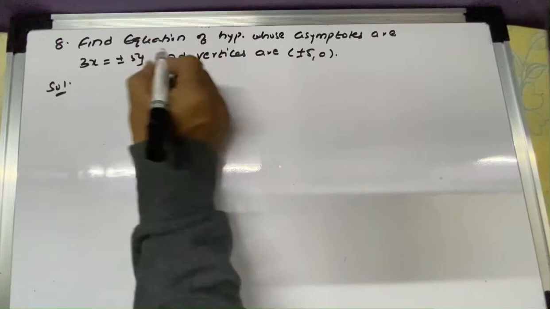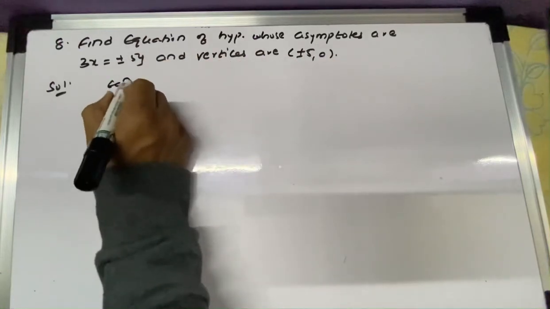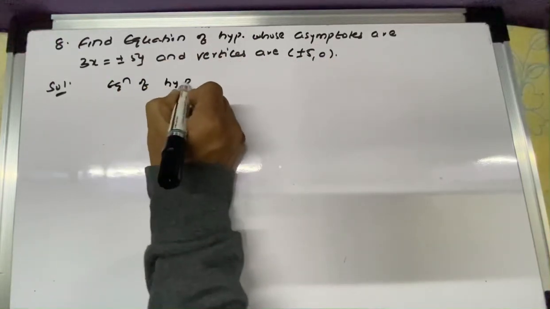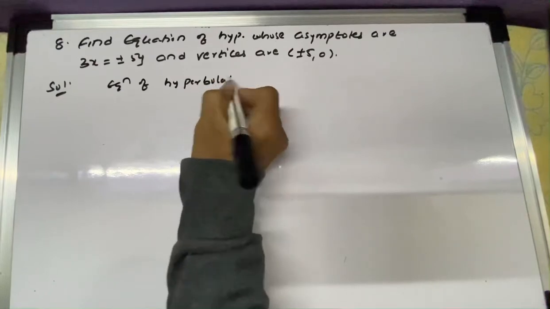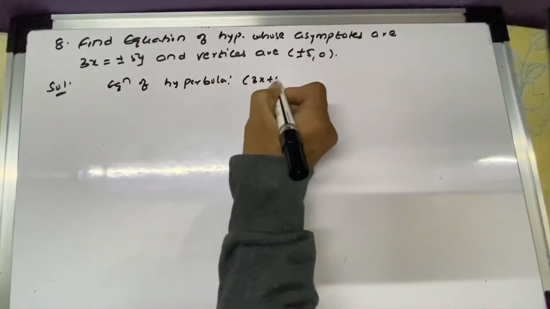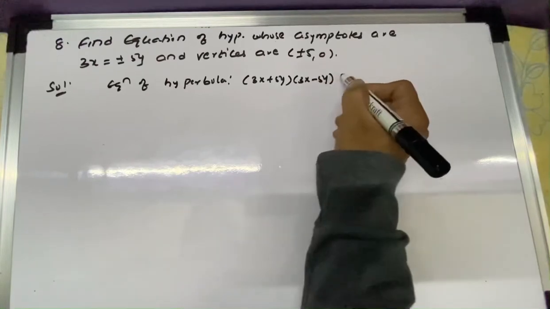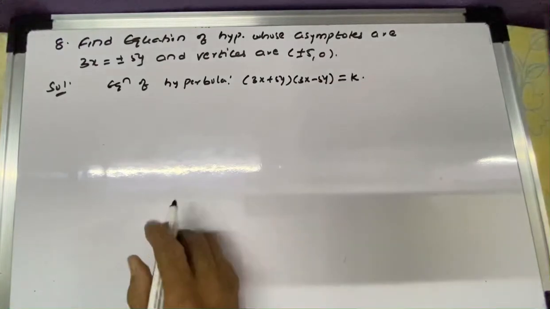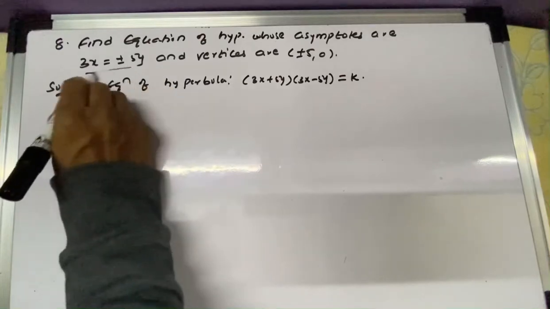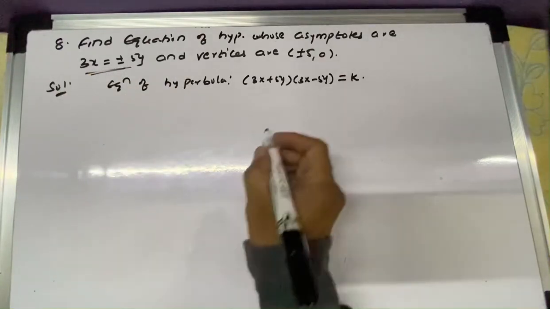So whenever asymptotes are given to us, the equation of the hyperbola will be the product of these asymptotes plus k equal to 0, or equals k. This is the equation of the hyperbola if the asymptote lines are given to us.